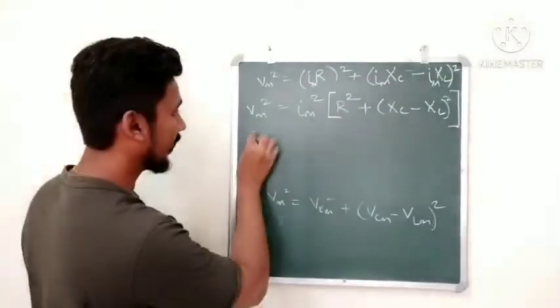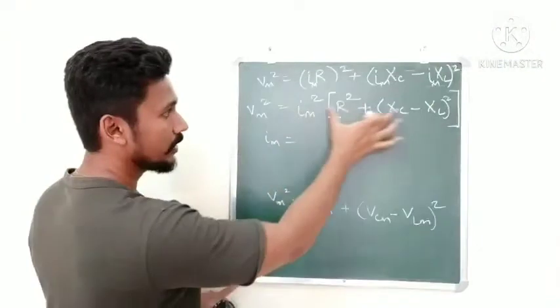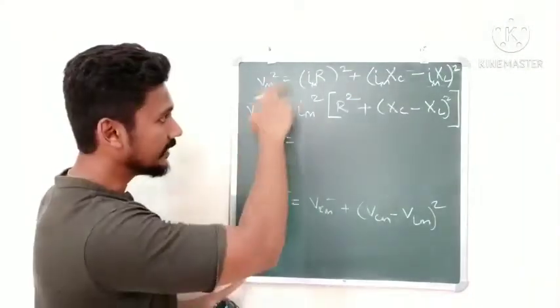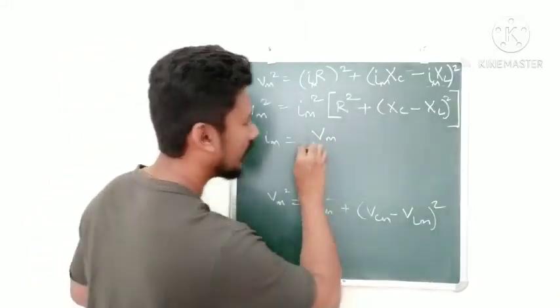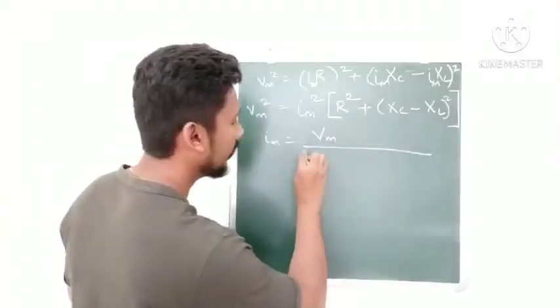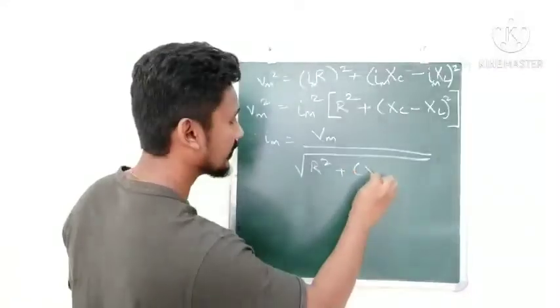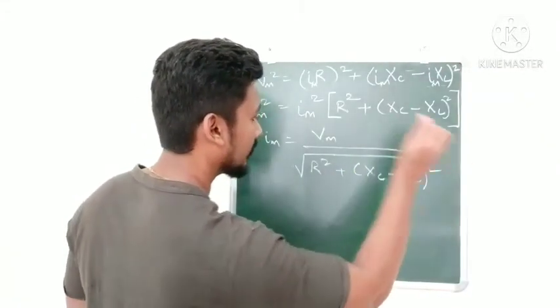Or you can write, therefore, Im is equal to, you can transfer this entire expression to the denominator and then take the under root. So Im will be equal to Vm upon under root of R square plus (XC minus XL) square.